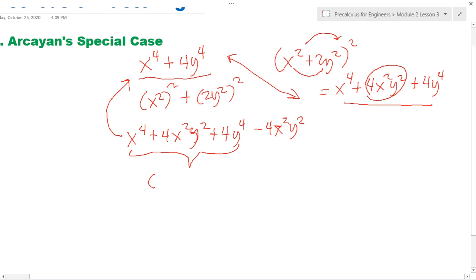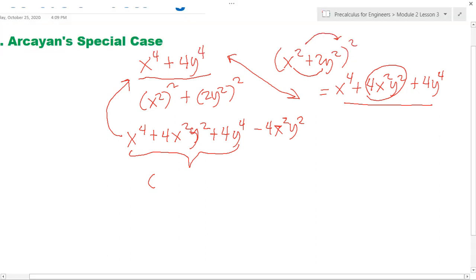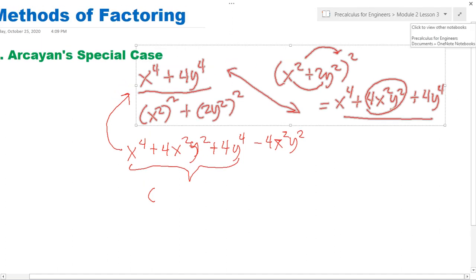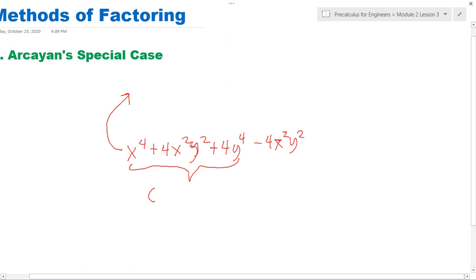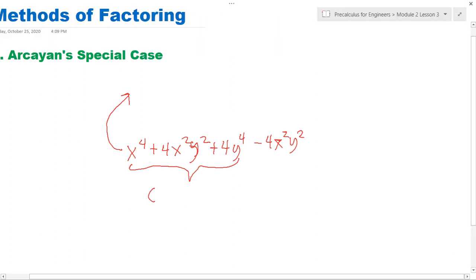So, this can be equal to, erase muna natin, the perfect square, which is equal to x squared plus 2y squared minus, ito, pwede ito ma-merge or ma-compress into 2xy squared.